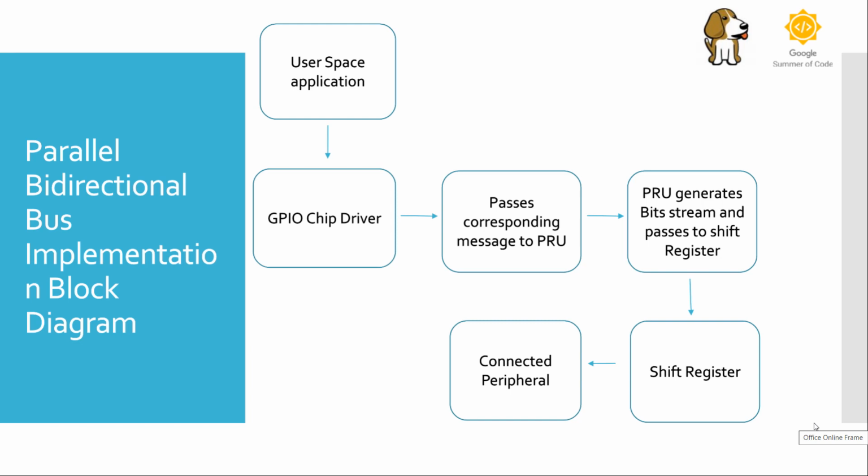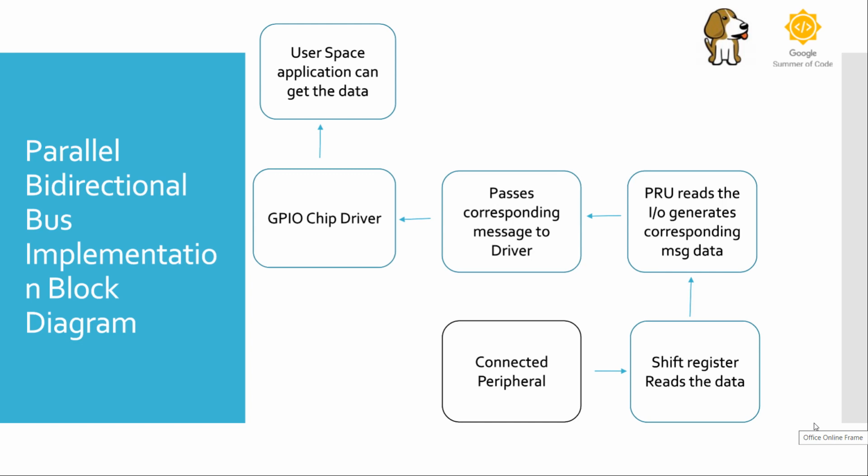Then the PRU will generate a bit stream accordingly and will send it to the shift register. So right now what I'm doing is the shift register in serial in parallel out mode. So the serial stream will go inside the shift register, and then the shift register will pass them on to the connected peripherals.